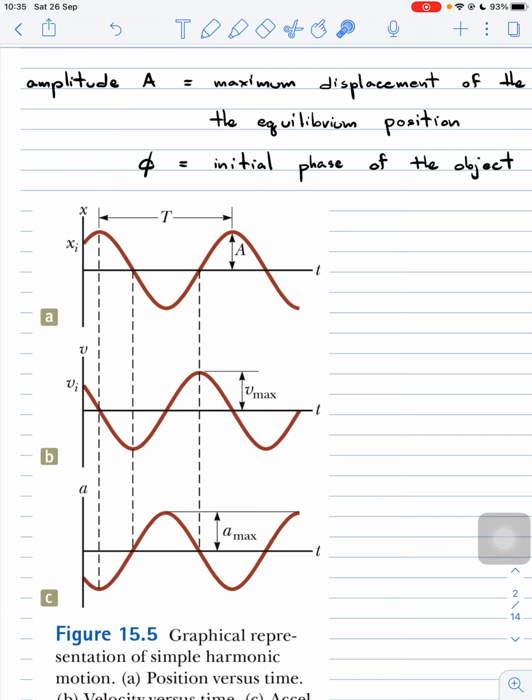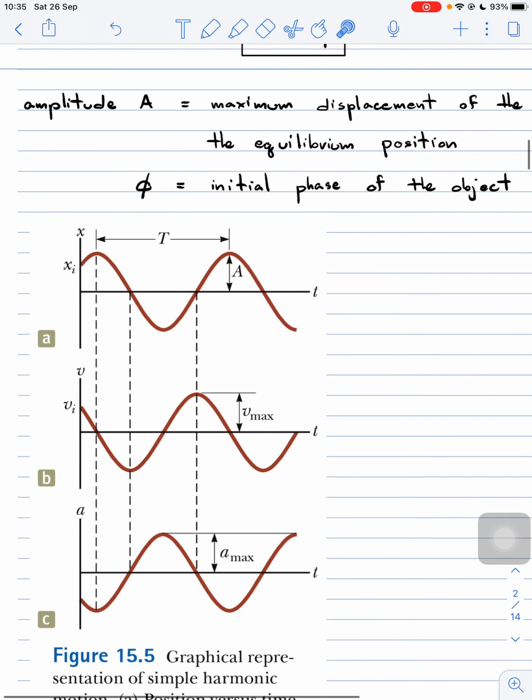Now you can see that the time from one maximum to another maximum is called the period of the oscillations, as I already mentioned. And the maximum displacement is equal to A, the amplitude of the oscillation, because this A is the distance from the equilibrium position, when x equals 0.